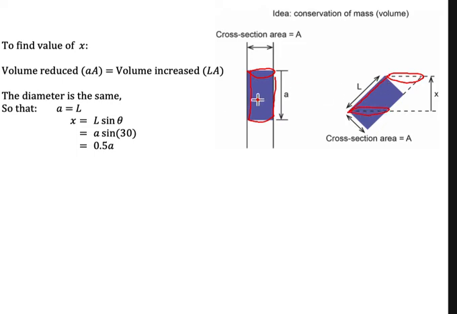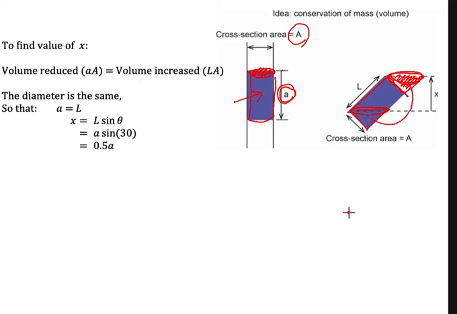The volume of this one is equal to the cross-sectional area times the height. To simplify the calculation, we just imagine that we cut this area and top it up at this area.